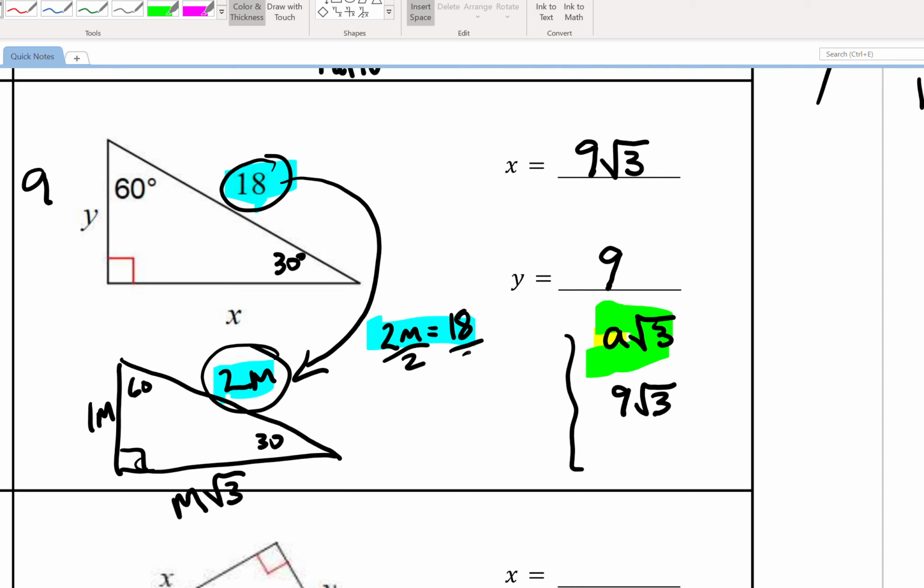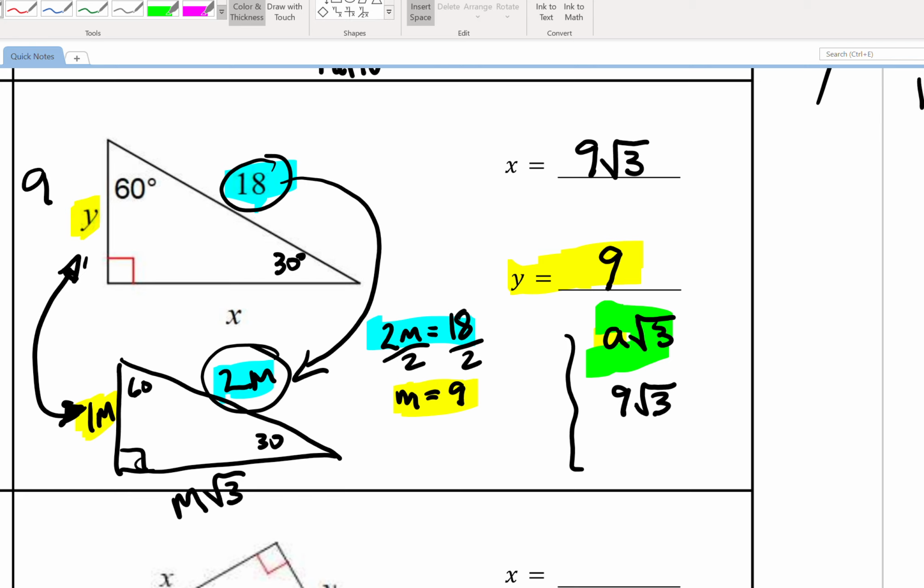Dividimos entre 2. M entonces es igual a 9. Y puesto que m es igual a y, ya lo tenemos. M es y.